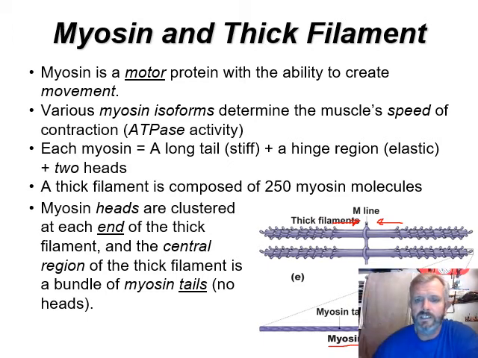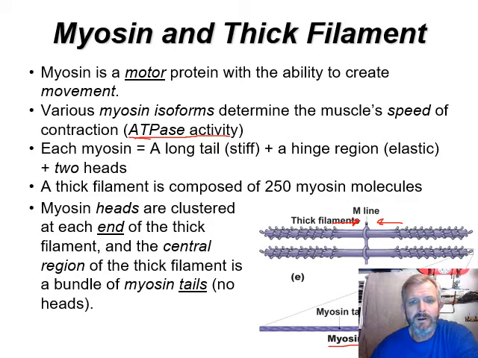So we're going to need ATP. And we need the ability to cleave ATP, so these myosin molecules have ATPase activity. They cleave ATP so they can use it to do the power stroke, to torque on that hinge region.